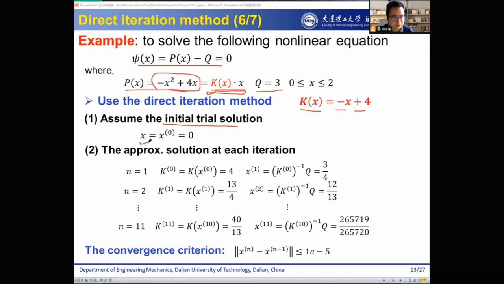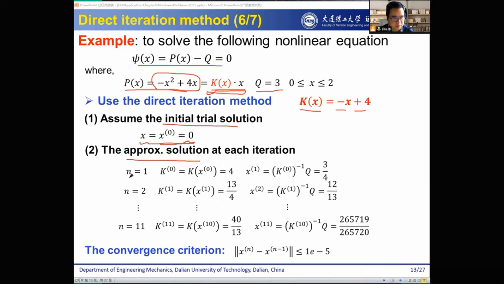If you choose a different initial value, your convergence speed may be very different, and sometimes if you choose an inappropriate initial value, you cannot converge to the solution. So the initial trial solution is important. We assume the initial trial solution, and then we start the iteration, here using the direct iteration method.